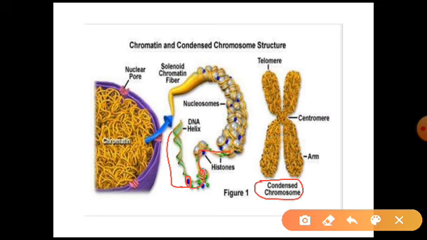The chromosome has three important parts, that is centromere, then arm, and telomere. So with this supercoiling in eukaryotes, they form a chromosome.